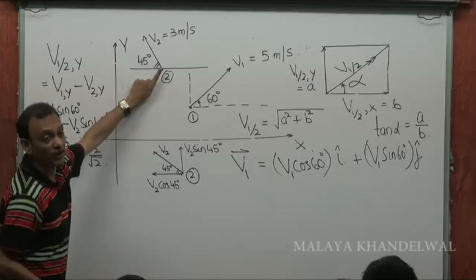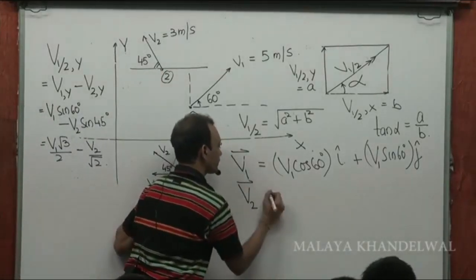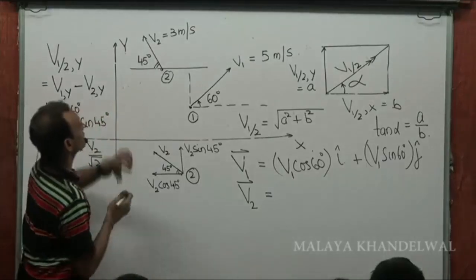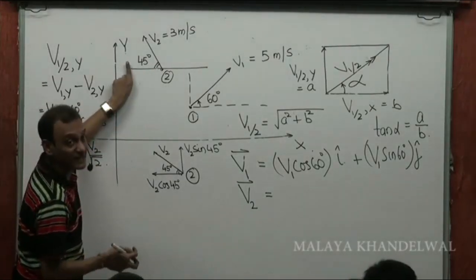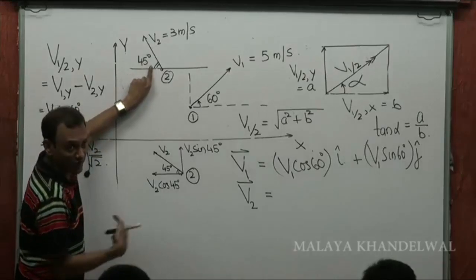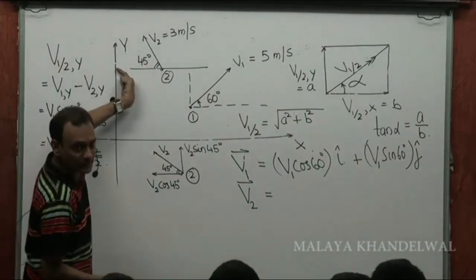Velocity of 2, if I have to write vectorially, what would that be? Velocity of 2 written vectorially would be minus v2 cos 45 degrees i cap, because it's along the minus i cap direction. So v2 cos 45 degrees into minus i cap, a unit vector in this direction would be minus i cap, right?